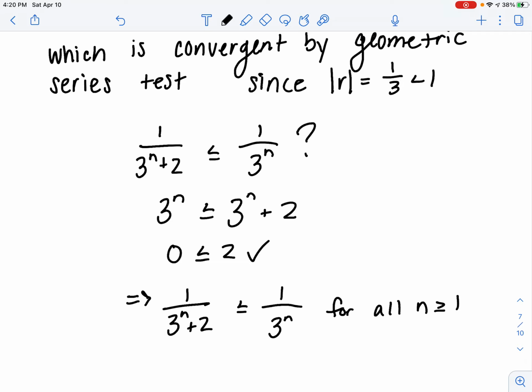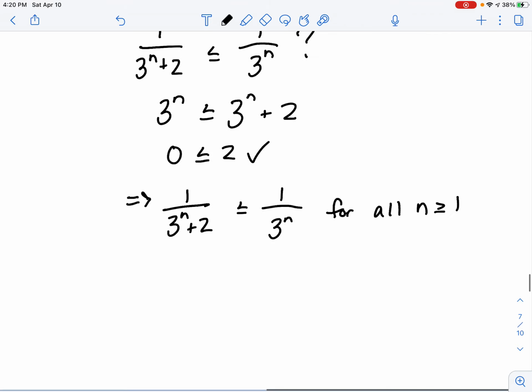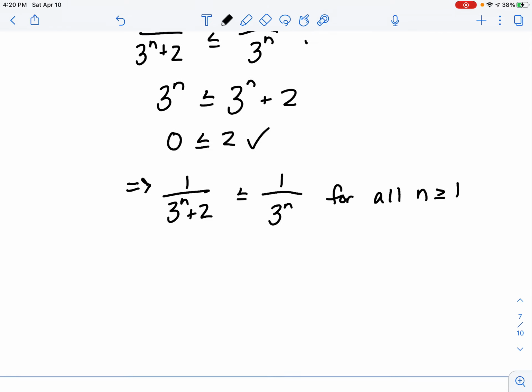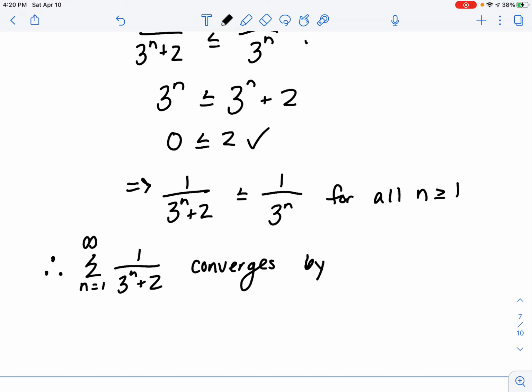Because the bigger series we know is convergent, the smaller series is also convergent. So therefore, this infinite sum, 1 over 3 to the n plus 2, converges by direct comparison to the sum from 1 to infinity of 1 over 3 to the n.